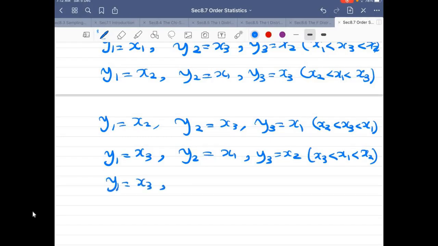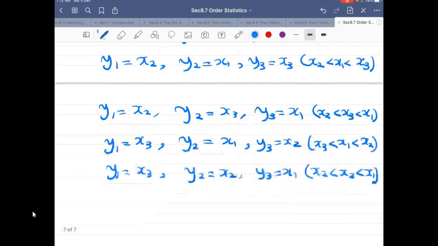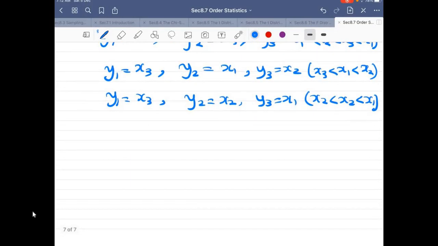I can have the smallest x3, y2 is x2, and y3 is x1. In this case the minimum is x3 and the maximum is x1. Okay, clear?